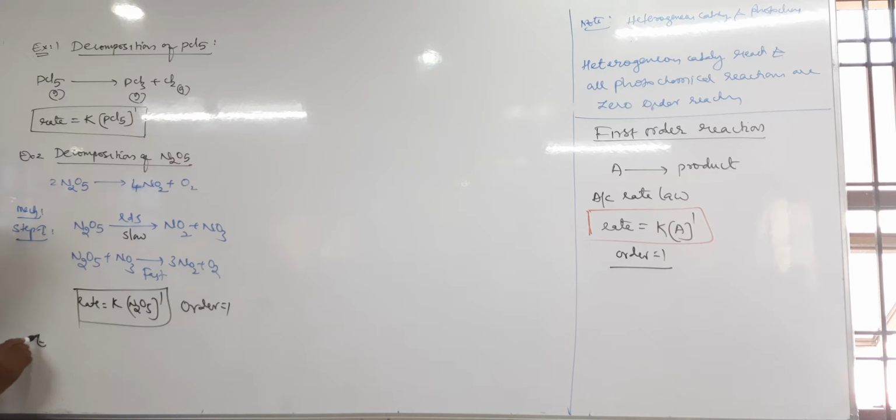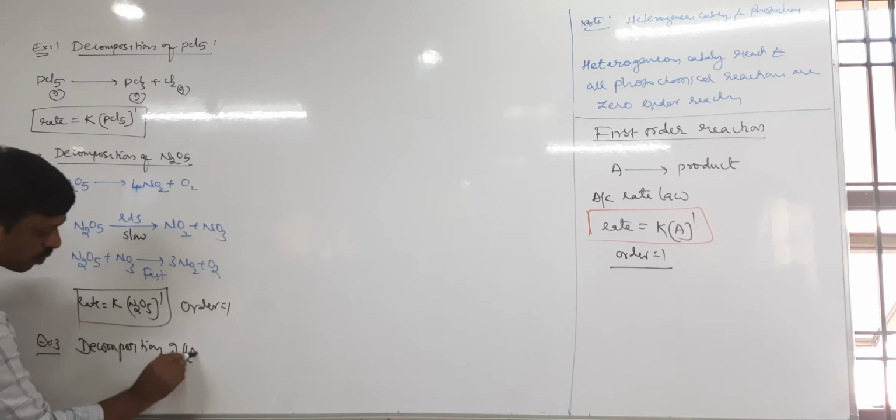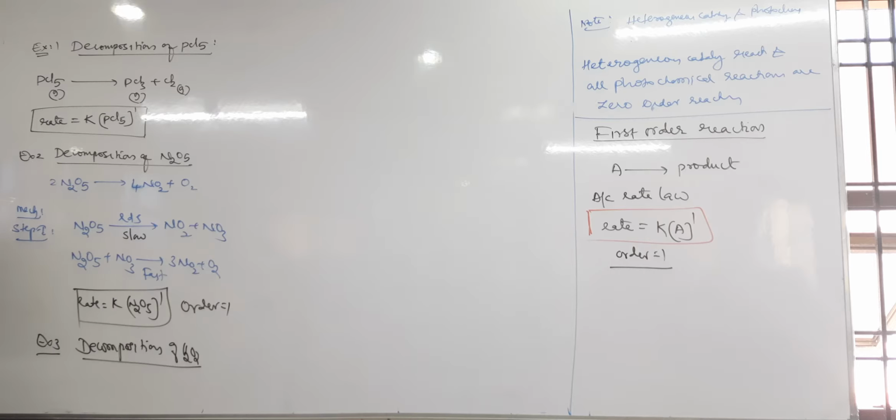Similarly, decomposition of H2O2. This was the previous question. In the textbook, some examples are given. Those examples you have to learn by heart. Decomposition of H2O2, hydrogen peroxide. Hydrogen peroxide undergoes decomposition.